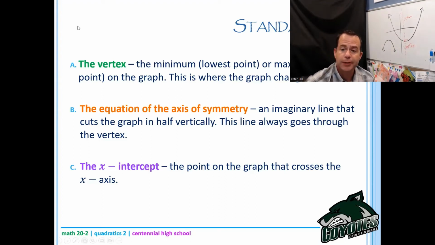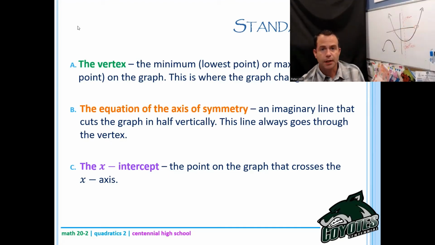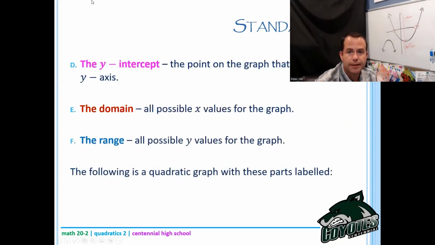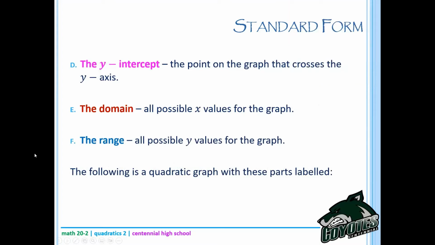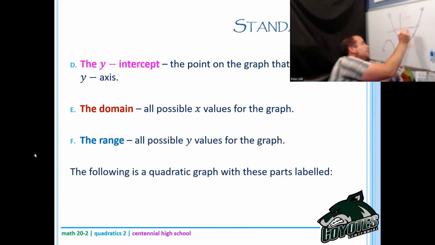Then we have x-intercepts. That's the point where it crosses the x-axis. That shouldn't be really all that familiar to you, or unfamiliar to you, because we talked about that in 10C. We have a y-intercept as well, which is where it hits the y-axis. I'll just hide myself there for 1 sec in case you don't have those words at home. Okay, so in this one, the y-intercept would be right here. So we've got x-intercepts, and your y-intercept down there.